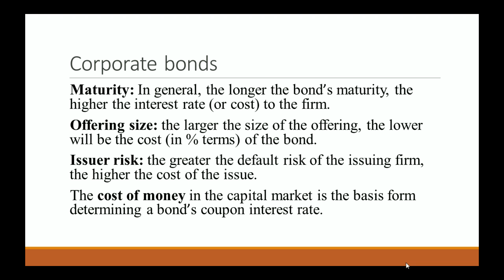So here's some more vocabulary terms. Maturity, we've talked about this. Maturity, this is the length of the bond. It's the bond's life. It is how many years until the par value is due, until the principal of the loan is due. And in general, the longer the maturity, the higher the interest rate.